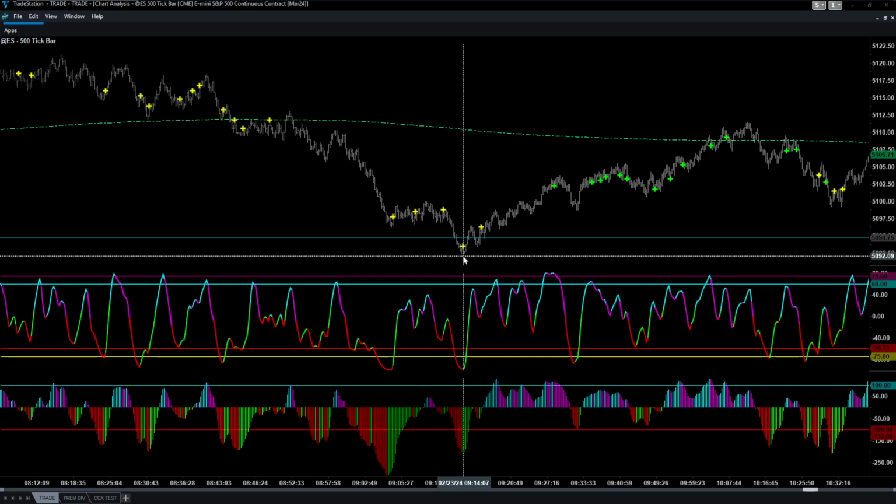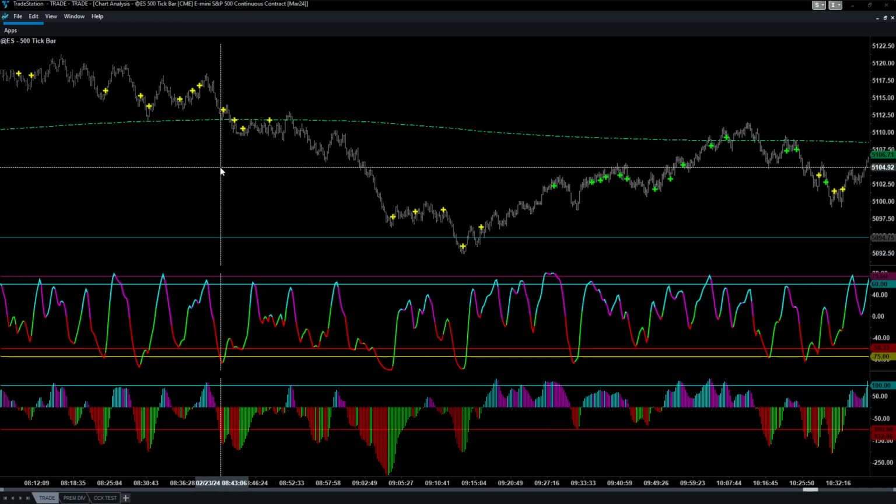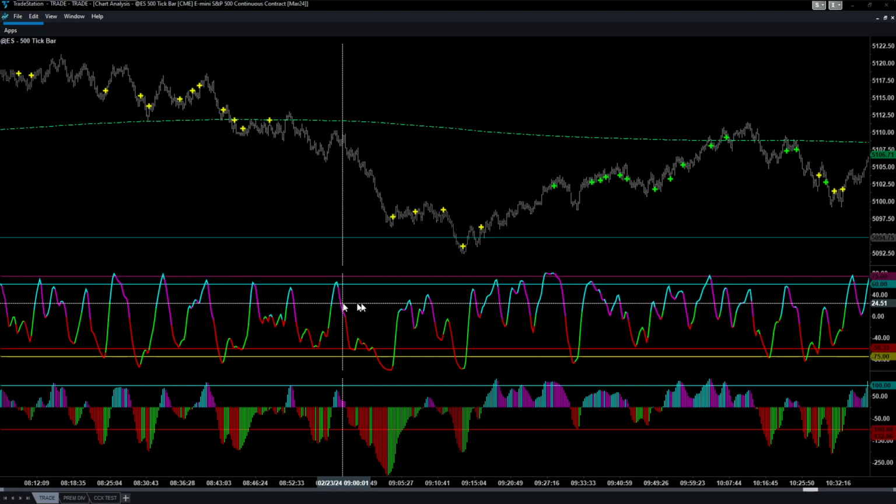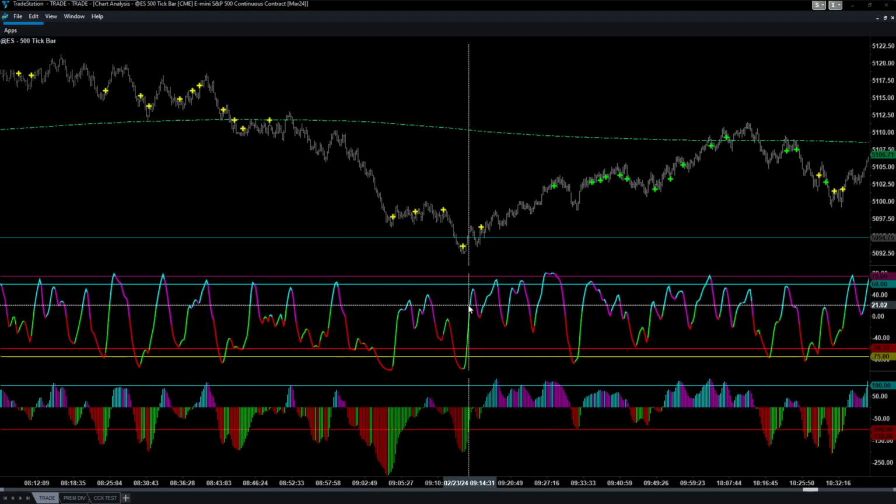But for example, as we see this move down here, we're obviously looking at what's happening at the bottom of the move. What's happening at the bottom of the move? We're not going to be at all concerned about what's happening at the top if we're looking for bearish opposite divergence.